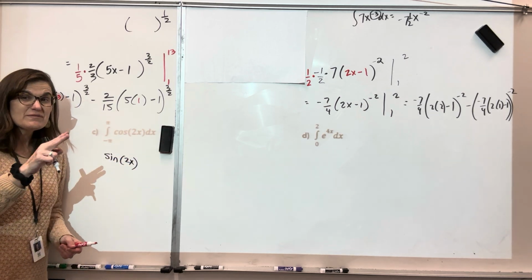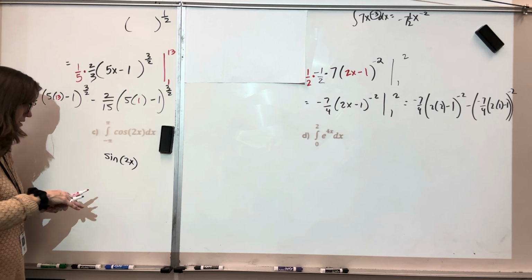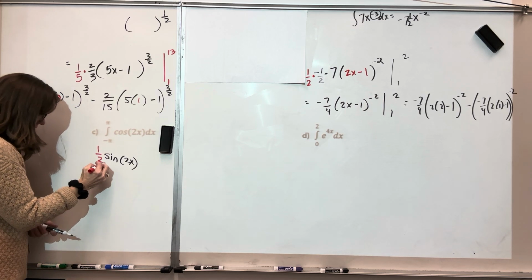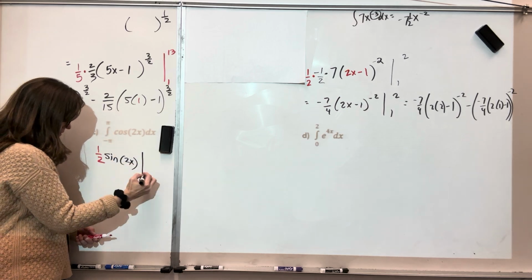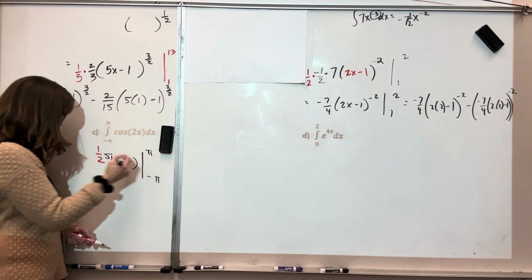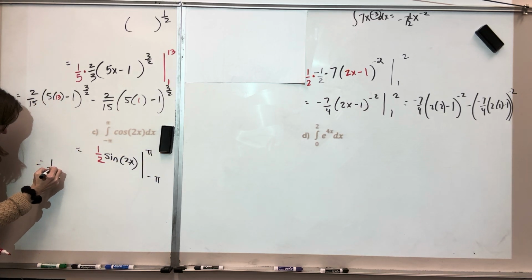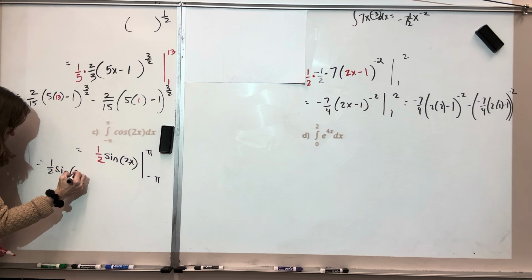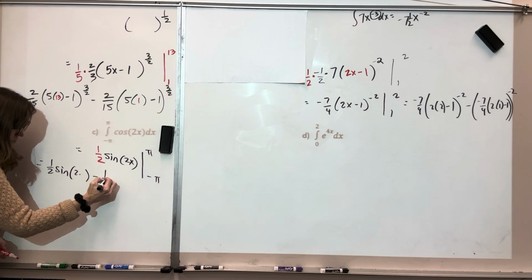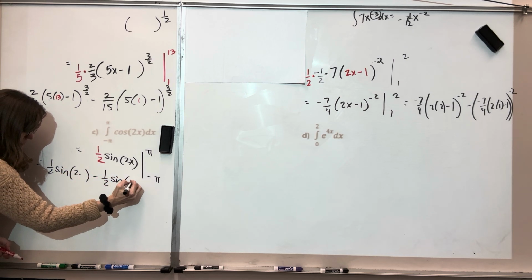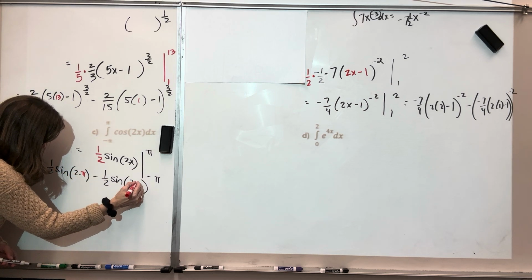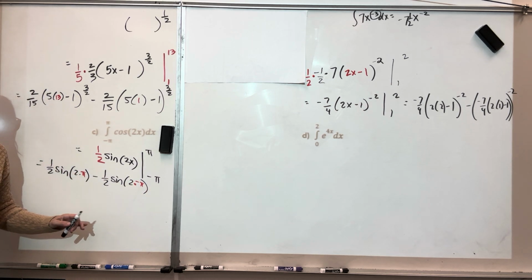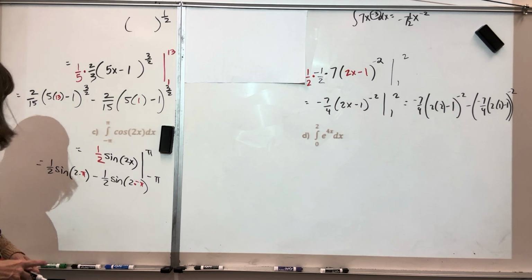So because the derivative of 2x is 2, we have to get rid of that with a 1/2 out in front. So 1/2 sine of 2x, evaluated from -pi to pi. So 1/2 sine of 2 times pi minus 1/2 sine of 2 times -pi. Again, you can just leave your answer like that. I'll show the final answers in one moment.